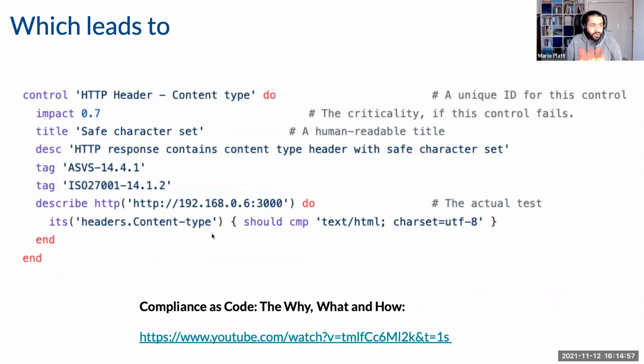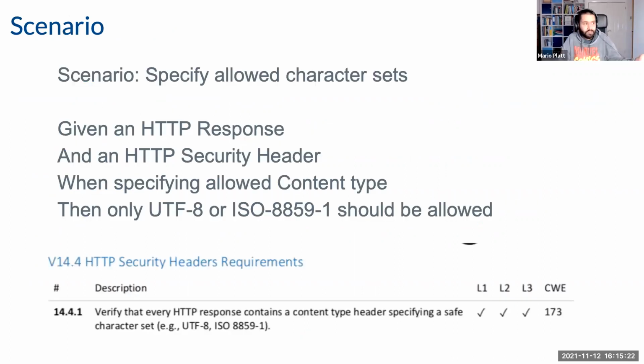In those headers, I have content type, and I expect the response to be charset UTF-8, right? And I'm confident that there are probably a lot of programming constructs that people in compliance and risk teams can't do, but at least getting very close to being able to write this, I think it's within the realm of possibility if you get comfortable at least breaking it down in Gherkin syntax.